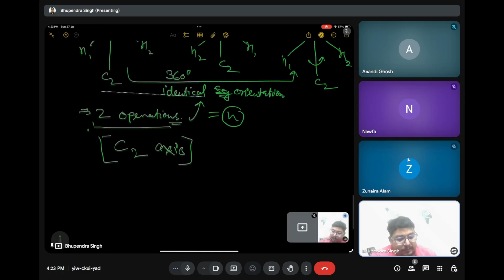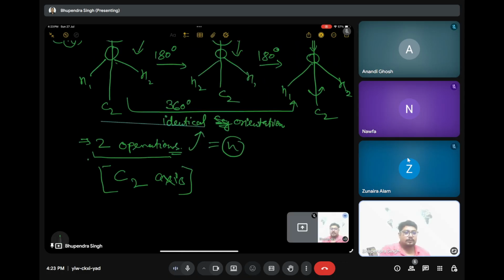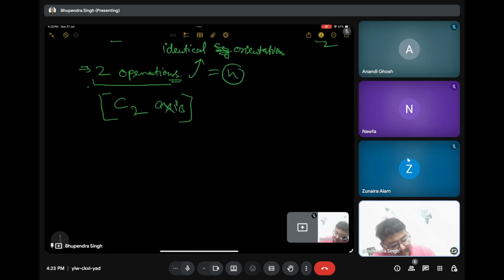But this is a simple molecule. If you have a big or complex molecule which you cannot visualize by just looking at the structure, how are you going to calculate this axis, or n, how many operations you require to get the identical structure? There is one formula: n equals 360 degrees divided by theta.